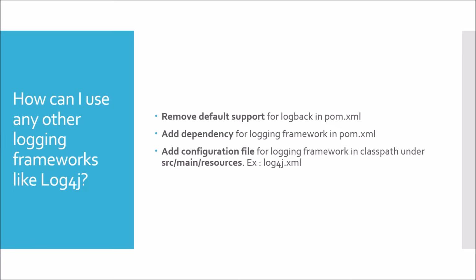For example, if I have a configuration file named log4j.xml, I would add log4j.xml under src/main/resources. When the Spring Boot application starts, it will read all the files present in your classpath and use the logging configuration accordingly.